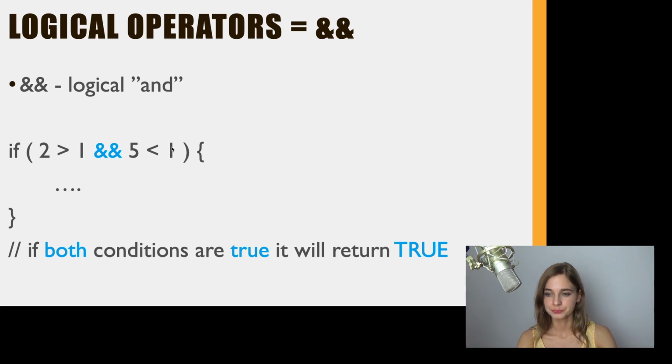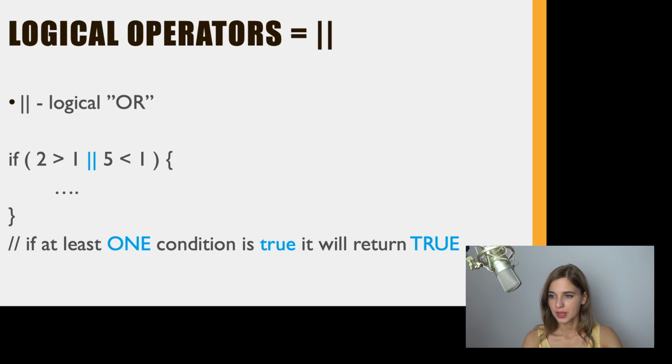It's also true. So here both conditions are met, and this statement will return true. If we are using the double ampersand, that is an AND, both sides, both operands, have to be true for the entire statement to return true.